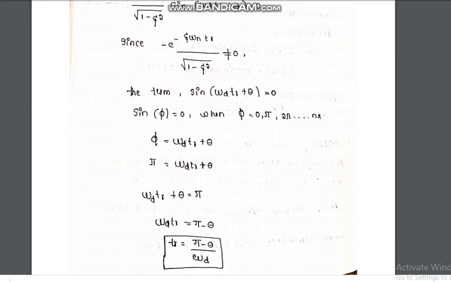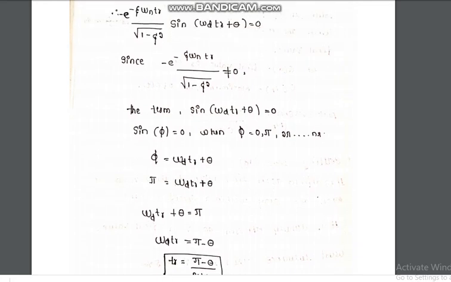Now since minus e to the power minus zeta omega n TR divided by square root of 1 minus zeta square is not equal to 0, we cannot equate that term to 0. So we can equate the sine term to 0: sine of omega d TR plus theta is equal to 0.